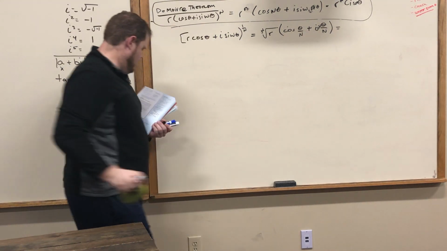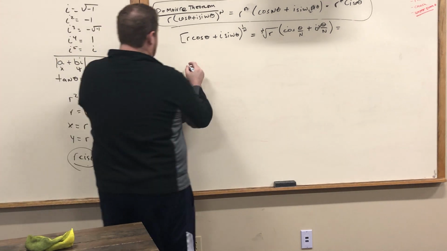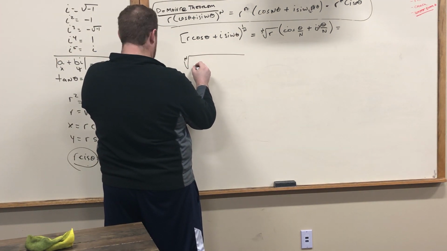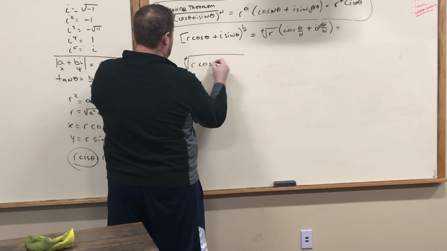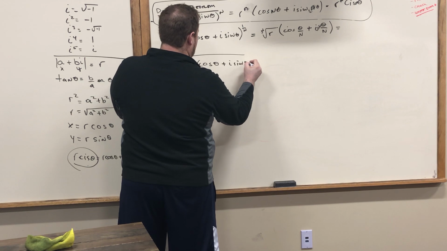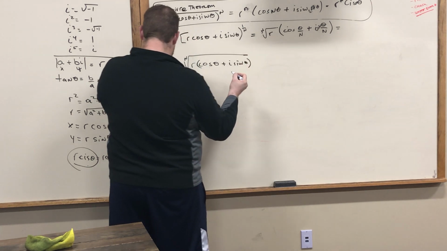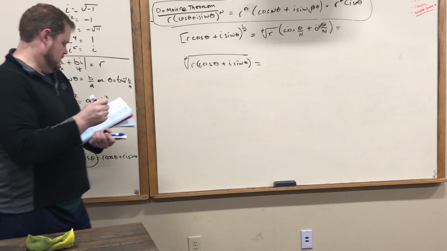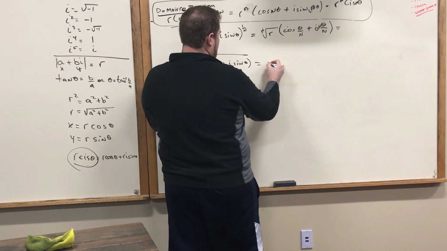So the third equation they give you is if the expression has an n here, r cosine theta plus i sine theta. If that's there, what's another way to rewrite it? Here's what they would do.